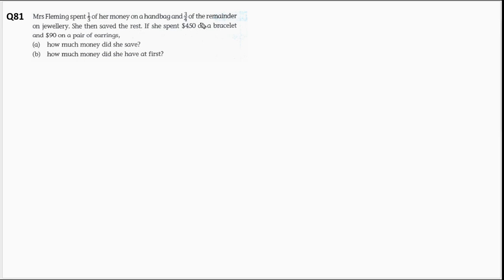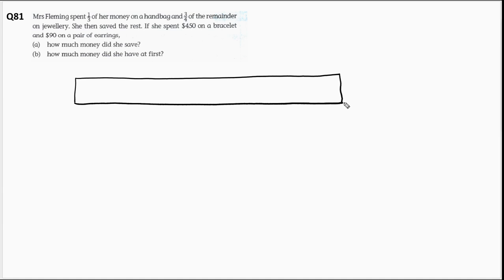We're just going to have to draw our bar and label it carefully, because we've again got two questions being asked here. I'm going to draw one bar to represent all of the money that Mrs. Fleming had. It says she spent a third of her money. Let's label this, because we've got lots of things going on, so we do need to label carefully.